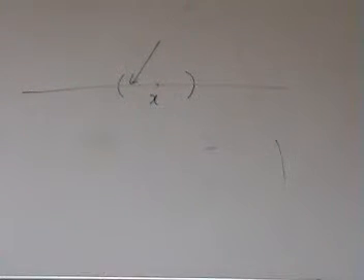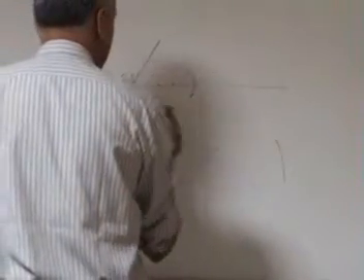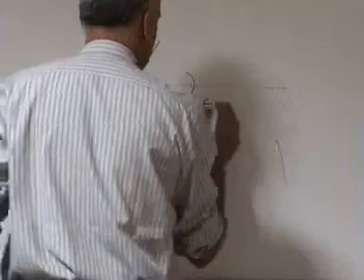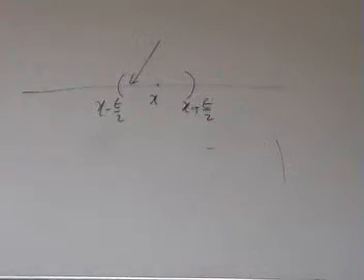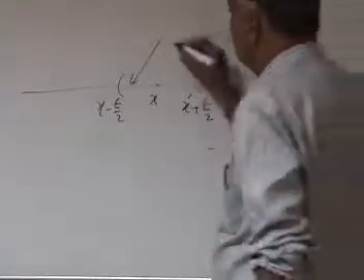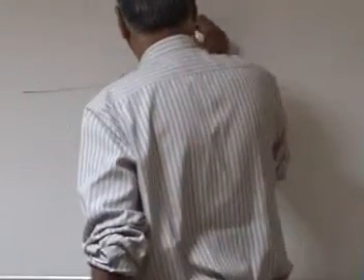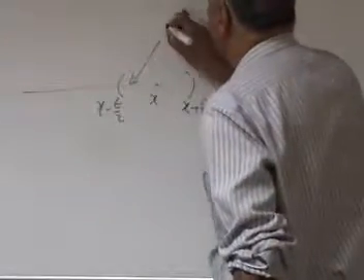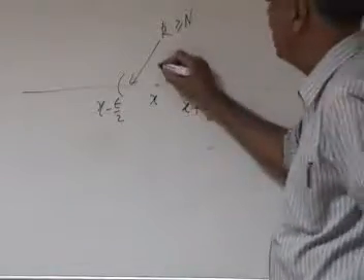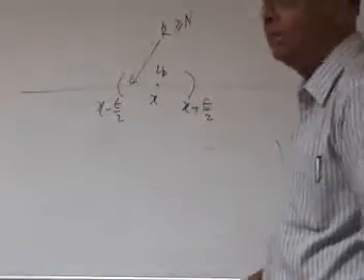For example, I take this as epsilon by 2 and this as epsilon. So all of them can be trapped in any interval around x. Whatever the error is, I can trap all the fellows beyond a certain stage. Say for all k greater than or equal to n, xk comes and falls here in this interval.